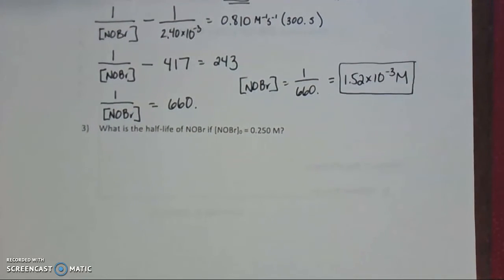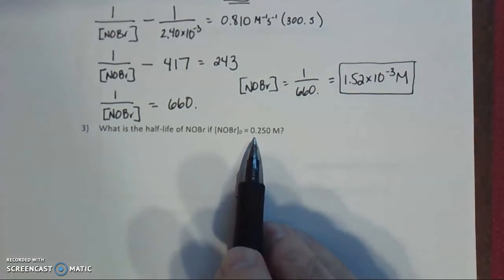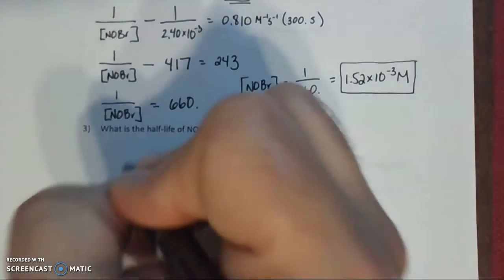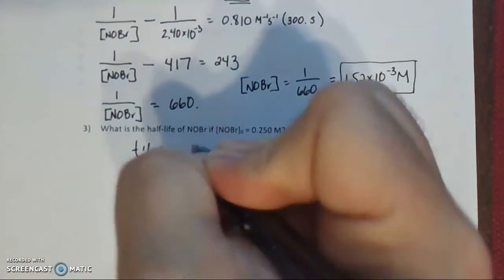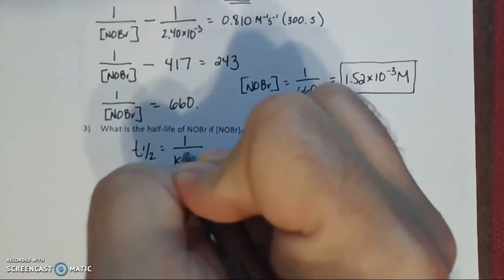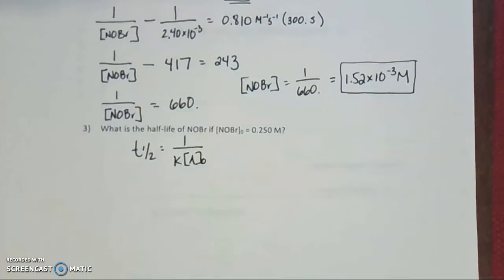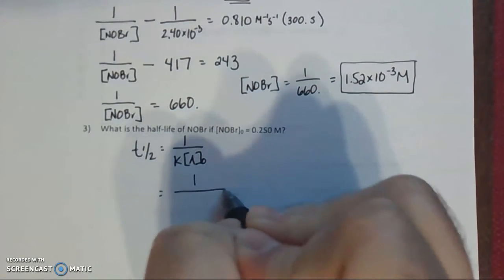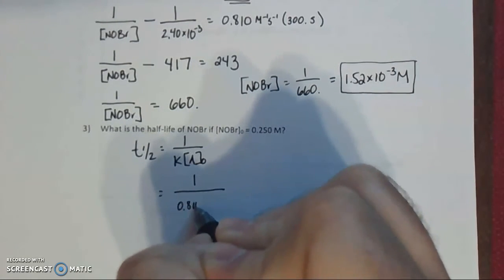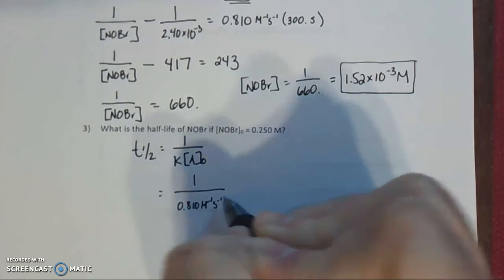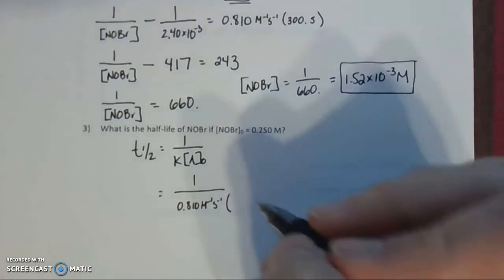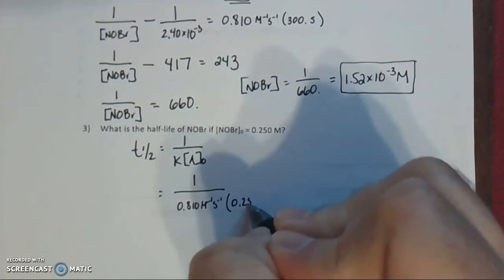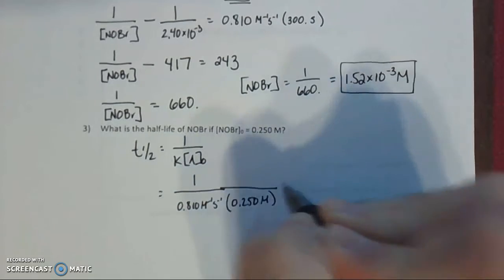Our third example: what is the half-life of NOBr if we're given this original concentration? Our half-life equation was 1 over k times the original concentration. So all we have to do is put 1 over our k value, 0.810 M to the minus 1 s to the minus 1, times our original molarity.